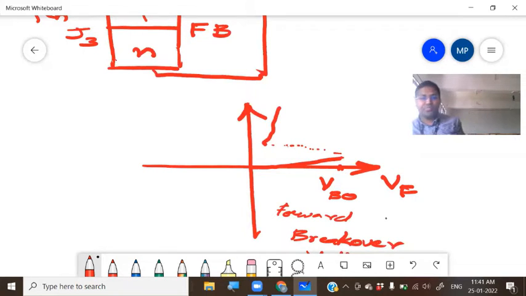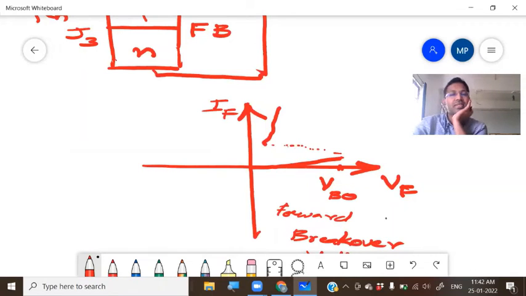So these are the characteristics of the SCR under forward biased condition, especially when the gate is open. So this is VF, and obviously this is the forward current IF.